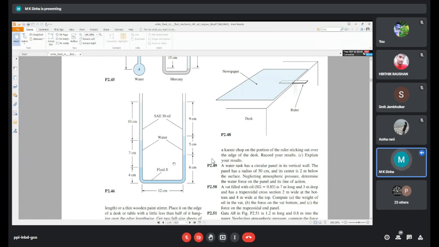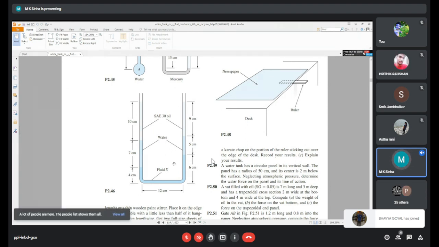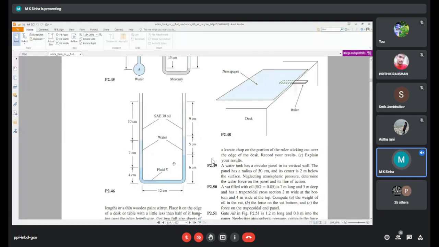It means the left side limb pressure at the bottom is equal to the pressure at the right limb. So you should write the equation for the pressure head on the left side equal to the right side, and the specific gravity of the fluid X will come out.